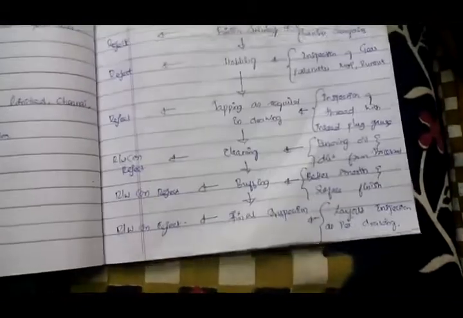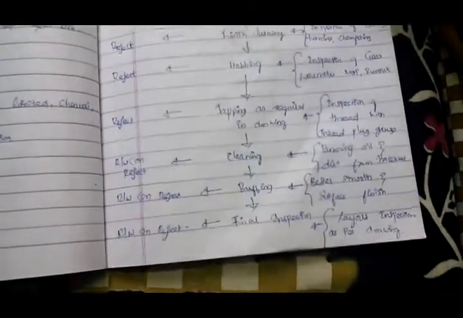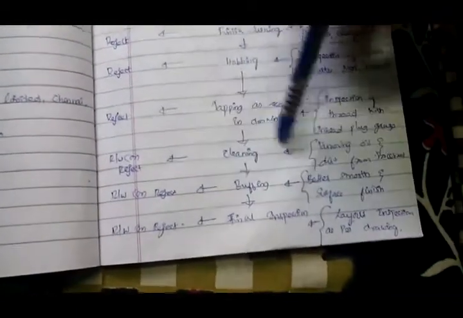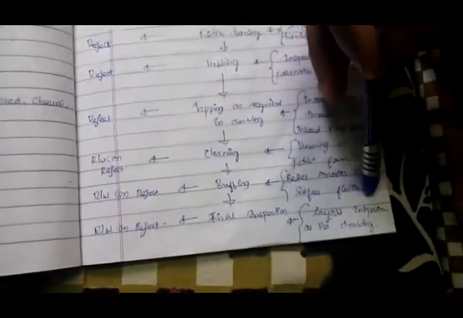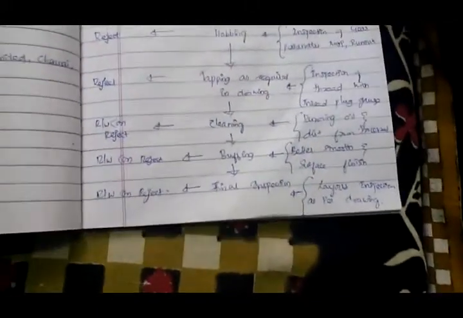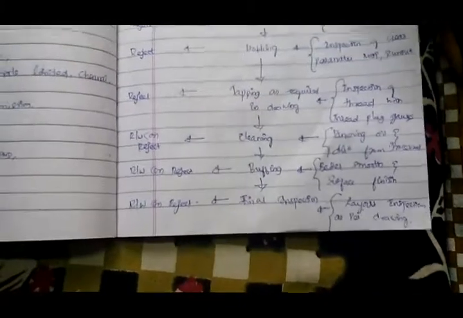Then we move to the final inspection area, where we verify and certify the entire layout, including outer diameter, inner diameter, chamfering, length, etc.